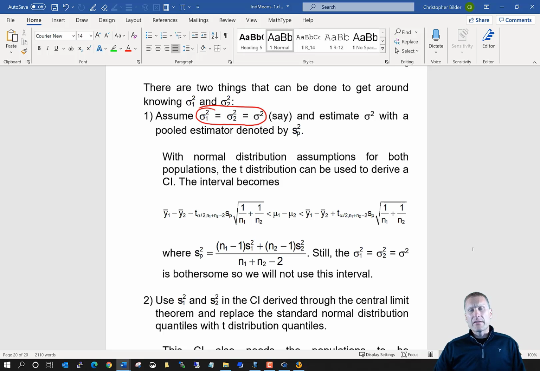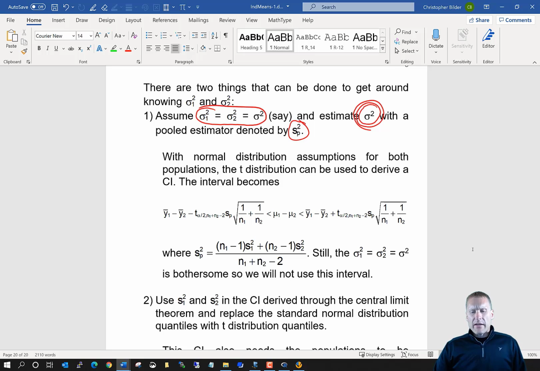This might make sense in some situations, if population 1 has a lot of similar characteristics to population number 2. If you do that, then you only have one parameter to worry about, let's say sigma squared. And so what you can do then is estimate it with what's called a pooled variance estimator.